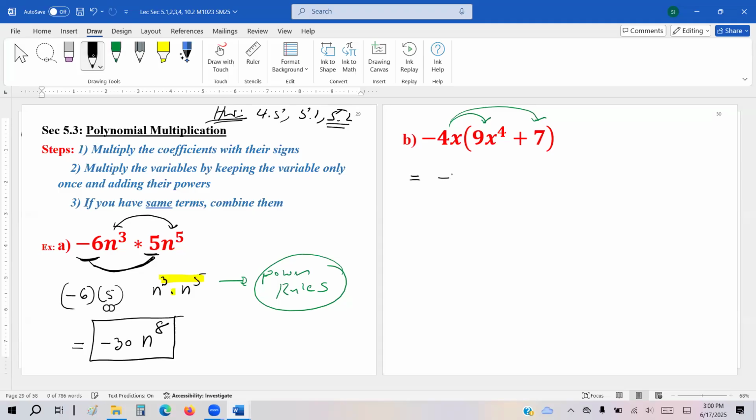So we have -4x times 9x to the 4, and you're multiplying -4x times 7. You multiply numbers with the numbers, so -4 times 9.